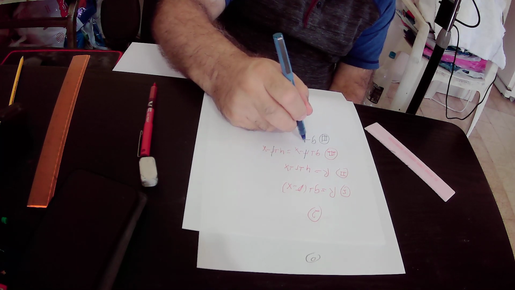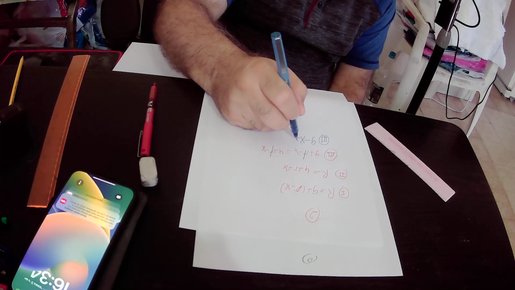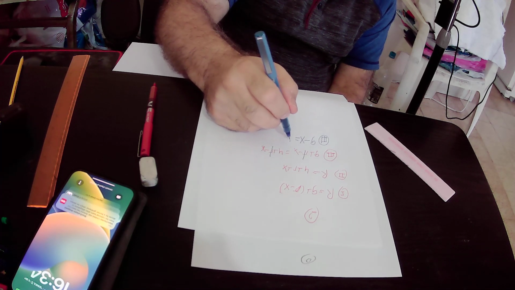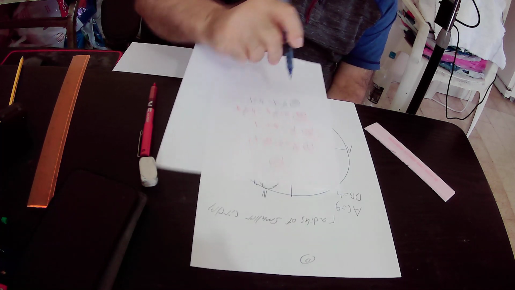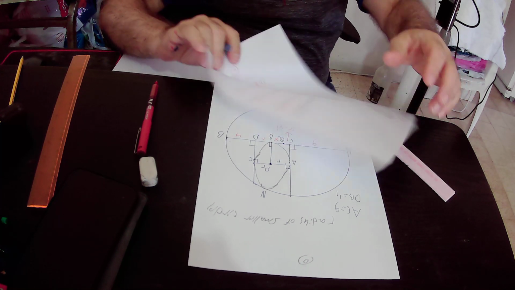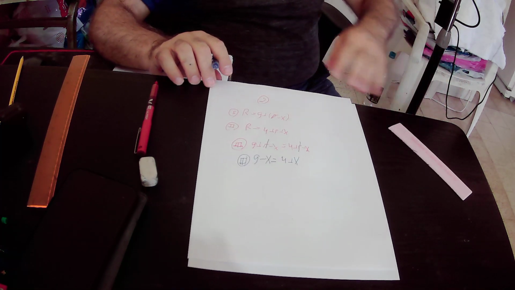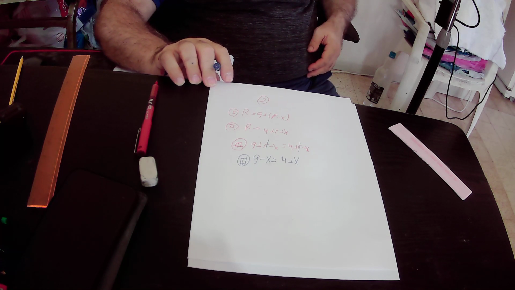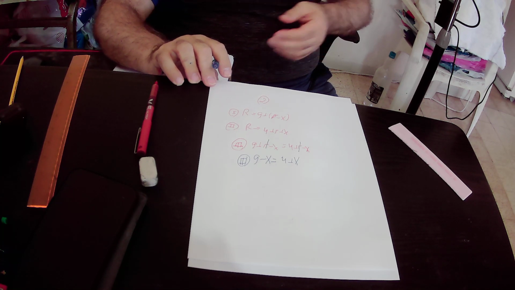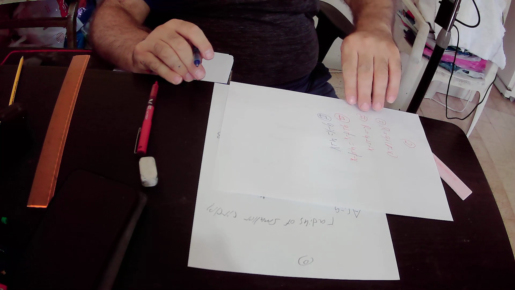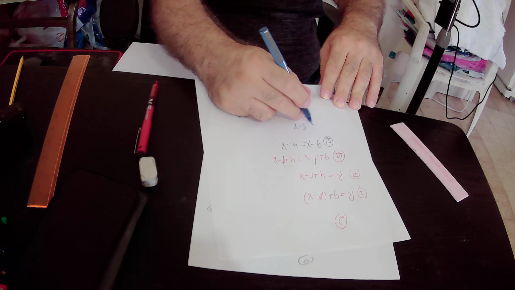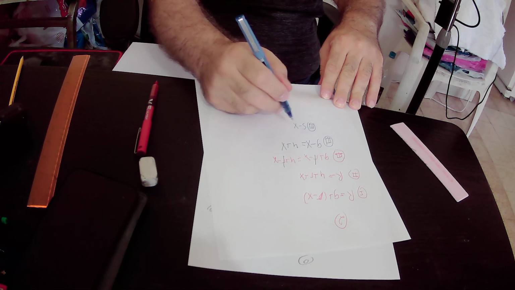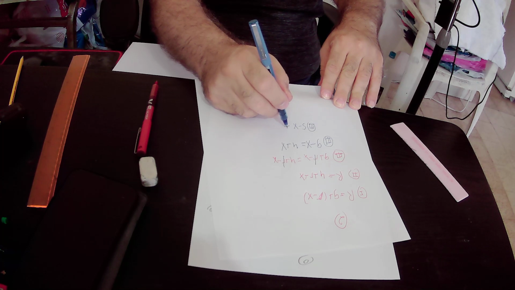And what is left after we cancelled R is 9 minus x equals 4 plus x. Okay, we got that 9 minus x equals 4 plus x. Here we'll subtract 4 from equation number 3 and we will get that 5 minus x equals x.